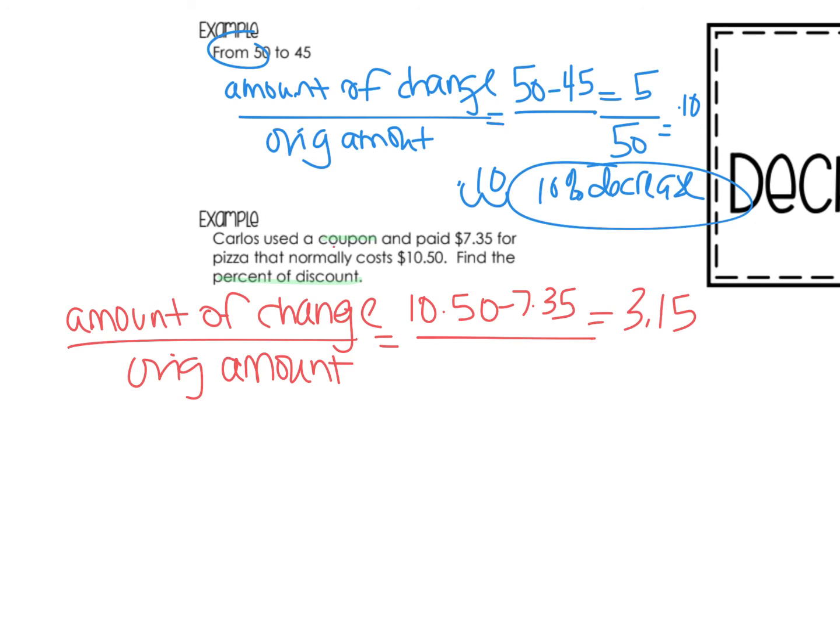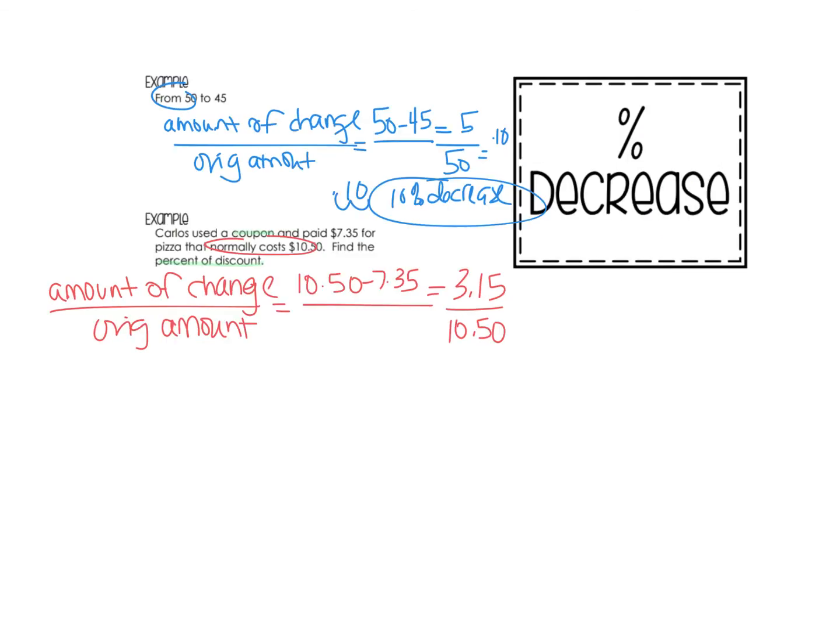So my original amount is the normal cost of $10.50. After I divide, I should get 0.30. When I move my decimal 2 bunny hops, that gives me 30% decrease. So this is saying that after I've used my coupon, I have a 30% decrease in cost. So I saved 30% when I used my coupon on this pizza.